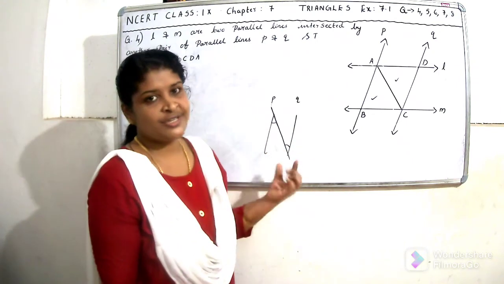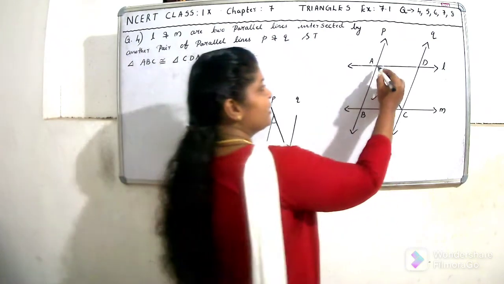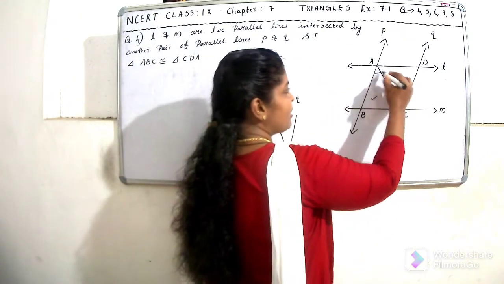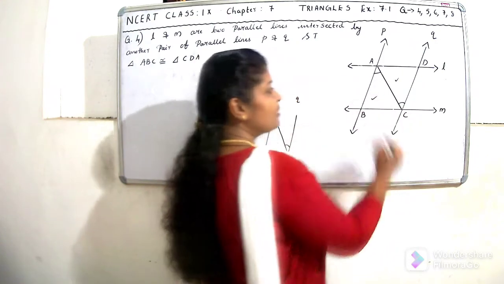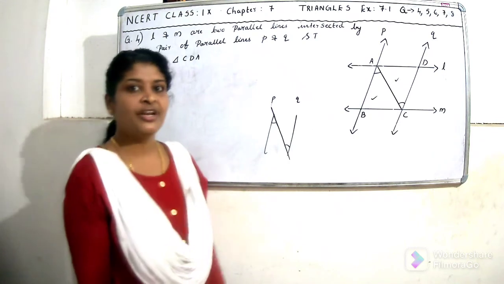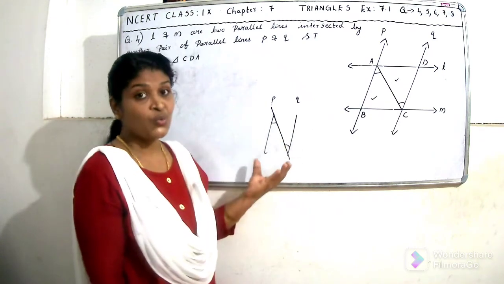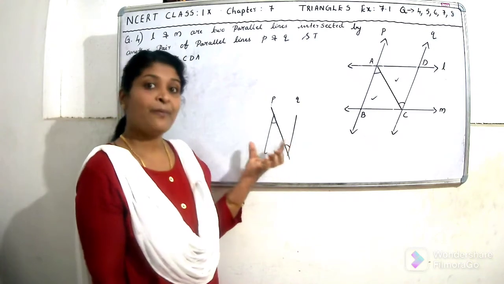What is the reason? Alternate interior angles. Here we can take this angle and this one, and it is equal because of alternate interior angles. How did we get that they are alternate interior angles? From the clue. What is the clue? These two lines are parallel.